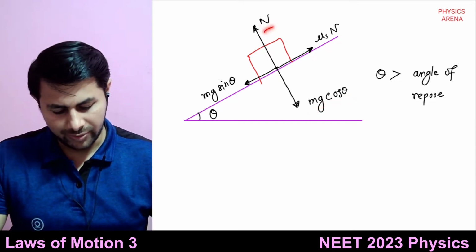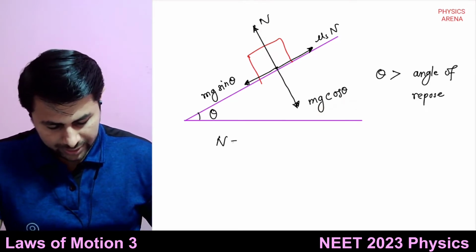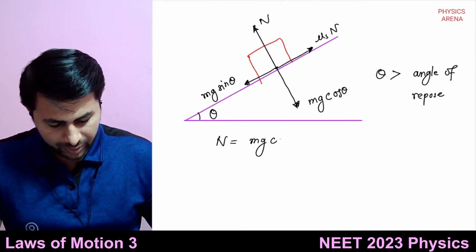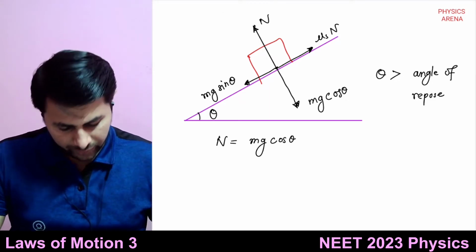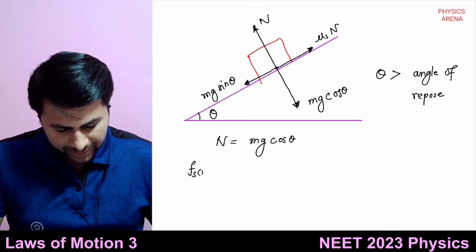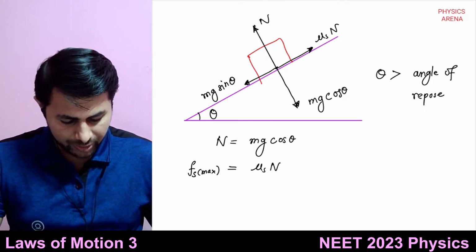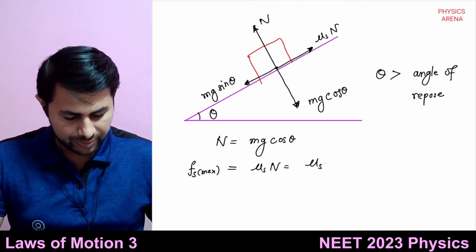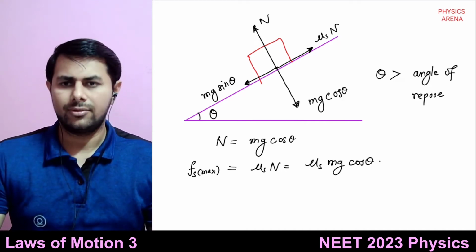So N is equal to mg cos theta, and then what will be Fs max? It is equal to mu s multiplied by normal reaction, so it is mu s multiplied by mg cos theta.